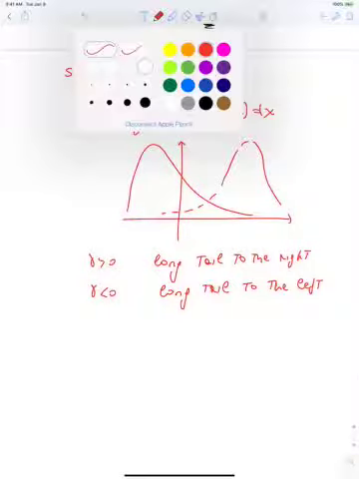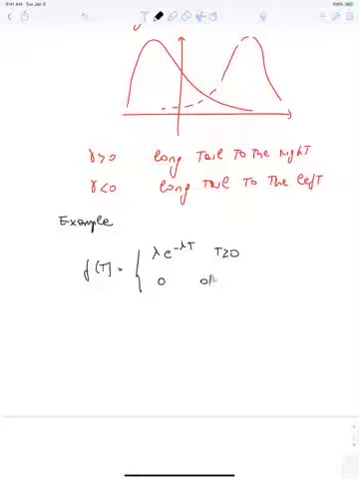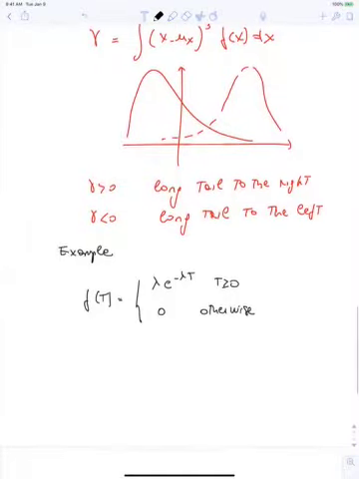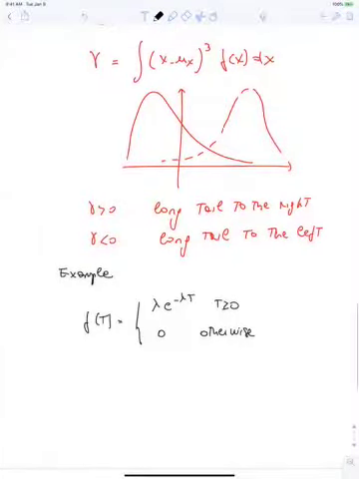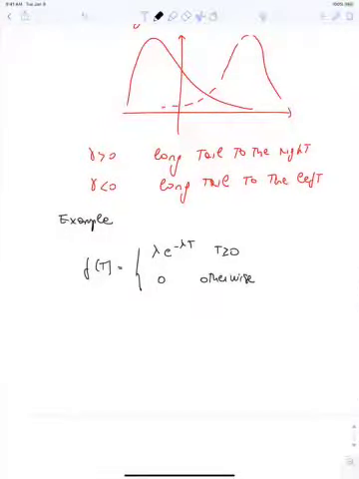So for example, if we look at the exponential distribution, well, this one here, the gamma is equal to 2.